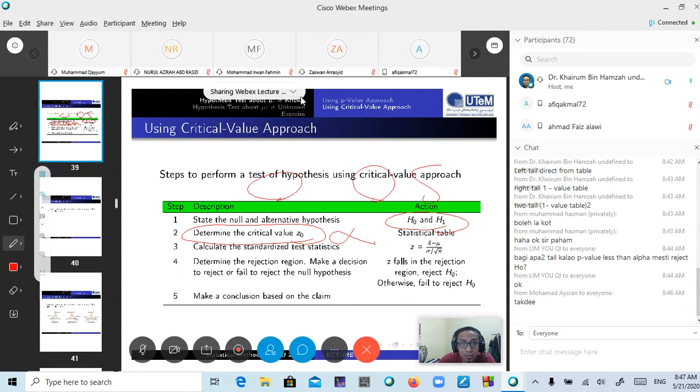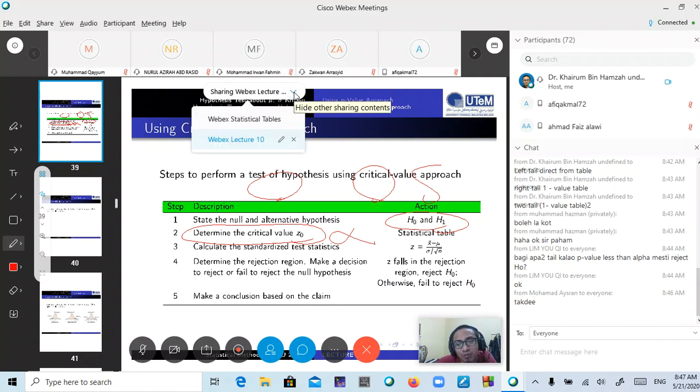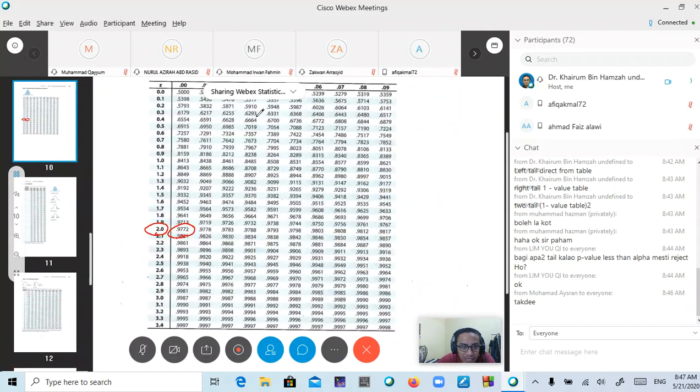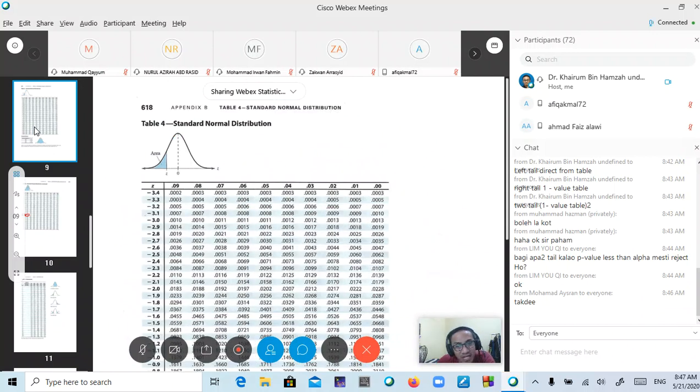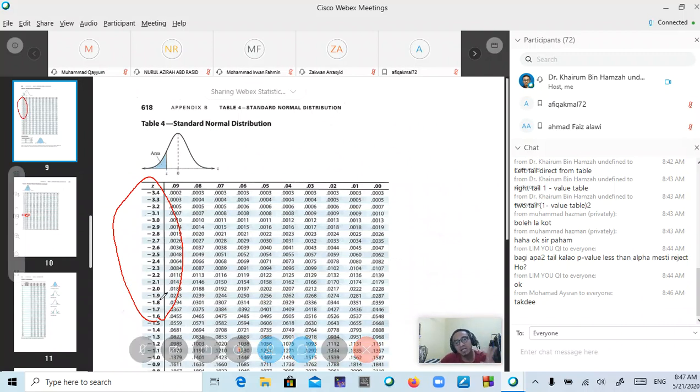So, nak dapat value of Z0 ni, kita tengok sebagai contoh alpha equal to 0.05. So, awak pun tengoklah table. Table 0.05, awak kena tengok dekat negatif. Abaikan dulu positif negatif. Ni, abaikan dulu yang tepi ni, positif ke negatif ke. Sebab positif or negative must be referred to tail.